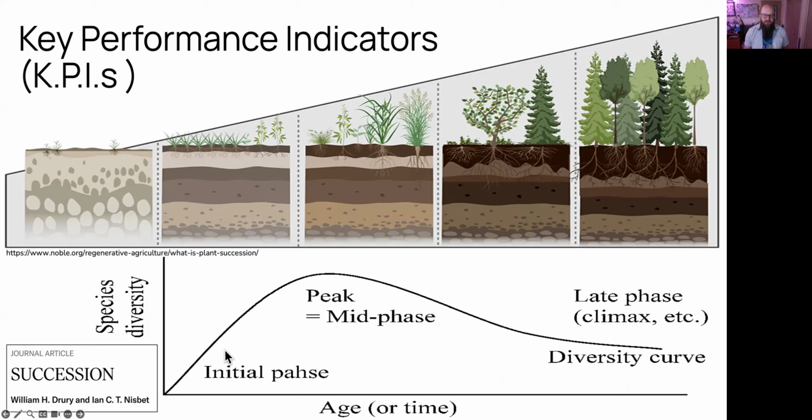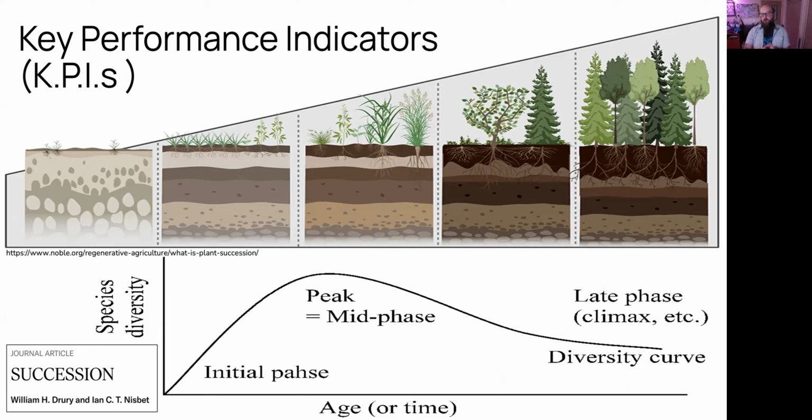And that's actually a good thing, because this paper about succession that goes all the way back to the 70s started to say that if one of your goals is species diversity, or maximizing it, then it tends to peak in these systems that are quite diverse and mixed in the middle of succession.